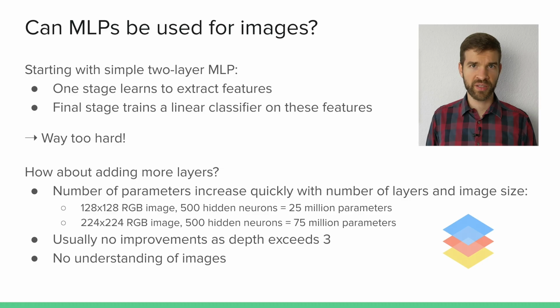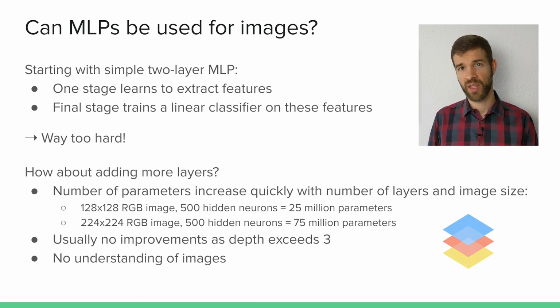And most importantly, think back about the first part where we said we use this MLP for images. How do we get an image into this? So I just said that we could squash it. We could flatten the image into a one-dimensional thing. But think about what would happen here.